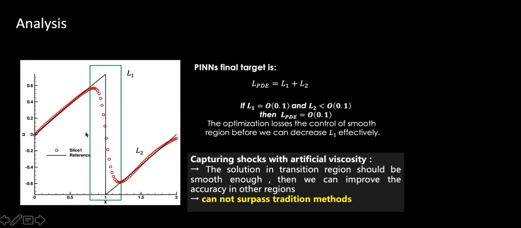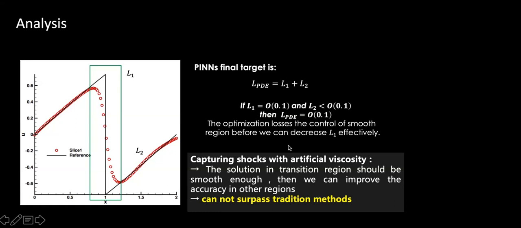So all the loss comes from smooth regions. We can train smooth regions, and then PINNs can converge to accurate results.